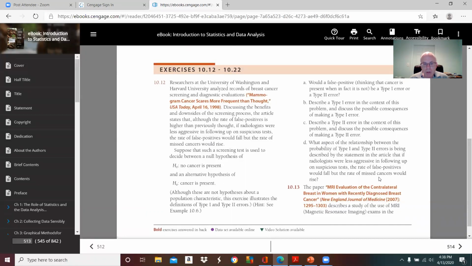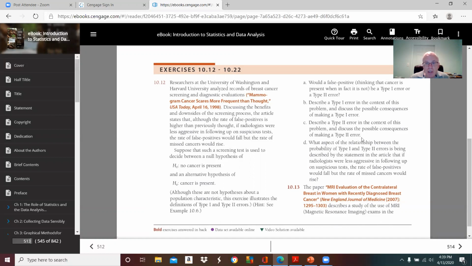Okay. Suppose that such a screening test is used to decide between a null hypothesis of no cancer is present and the alternative is cancer is present. A, what is a false positive, thinking that cancer is present, when in fact it is not. So let's think about a false positive, right?